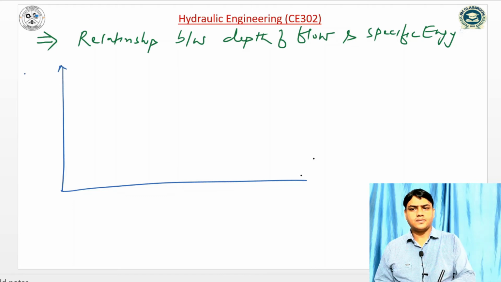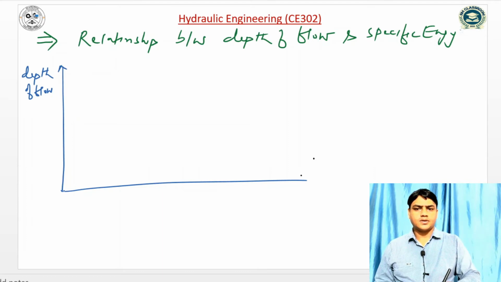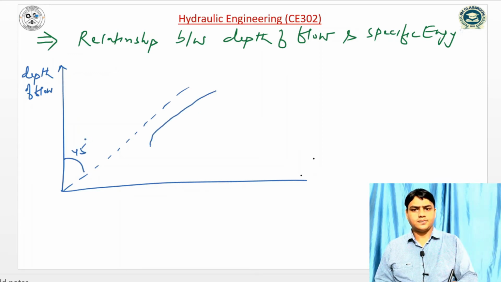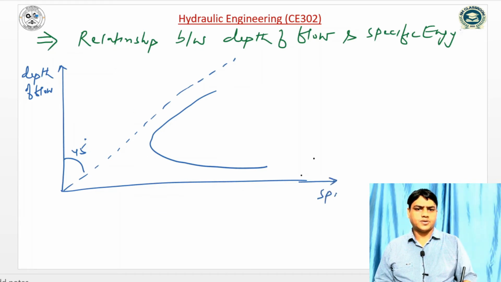This axis is called depth of flow, and this is the E-equals-Y line which makes an angle of 45 degrees, and this is the specific energy curve, and this axis is called the specific energy axis.